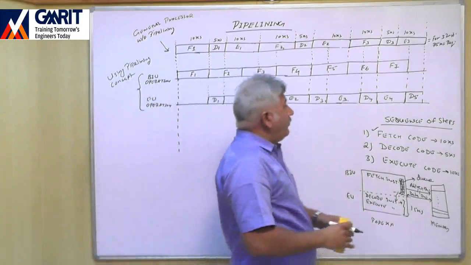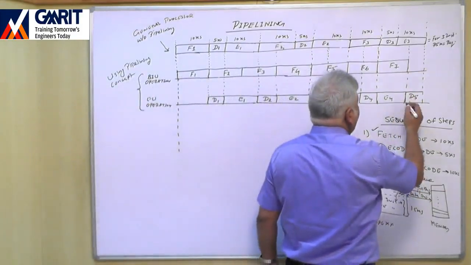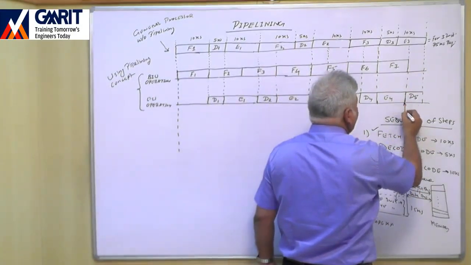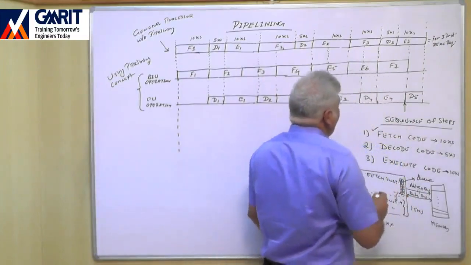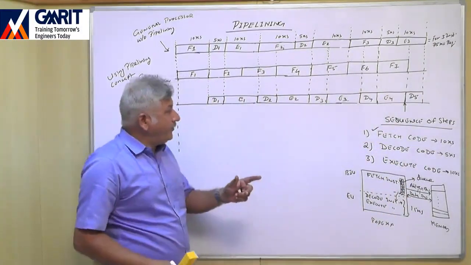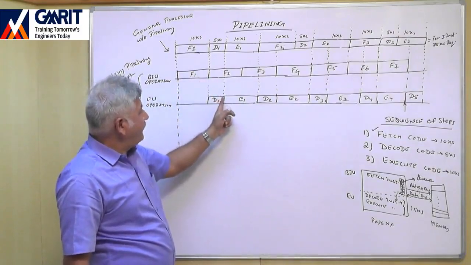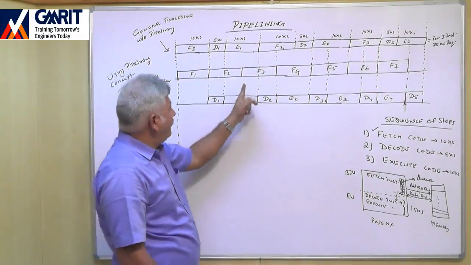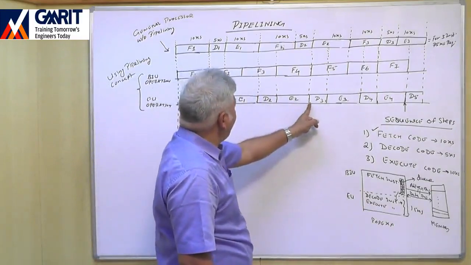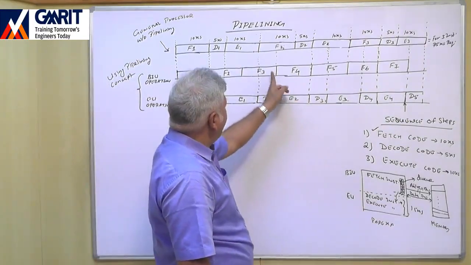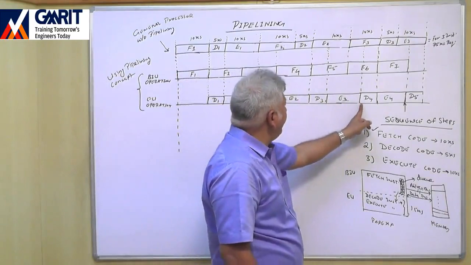By this time, how many instructions are executed? Fetched 1, D1, E1, executed 1. Fetched 2, the second instruction was executed by this time. And the third instruction was executed by this time.